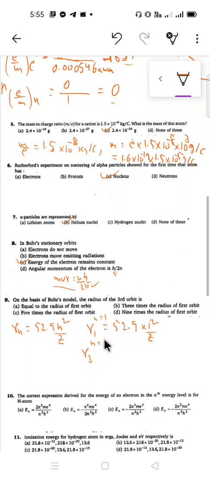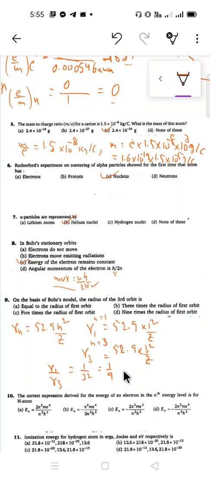For n is equal to 3, it is calculated like this: 52.9 into 3 square by Z. By R1 by R3, these two cancel each other. By 1 you get 1 by 3 square, which is 1 by 9.